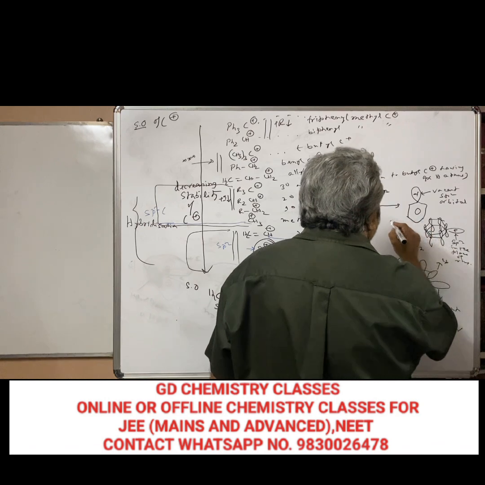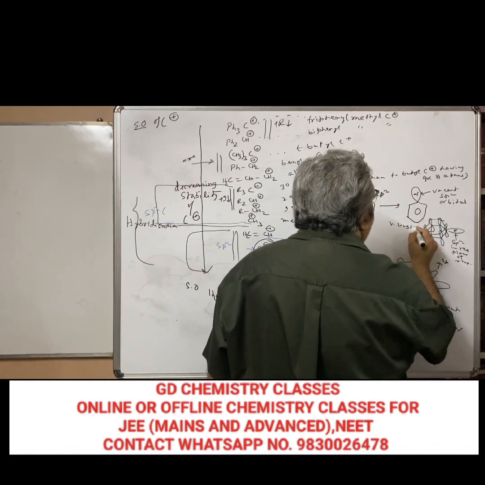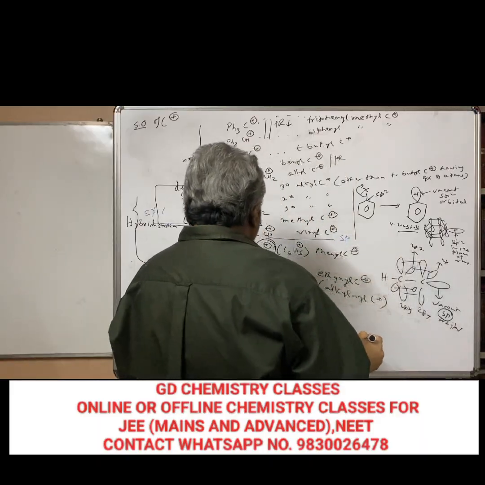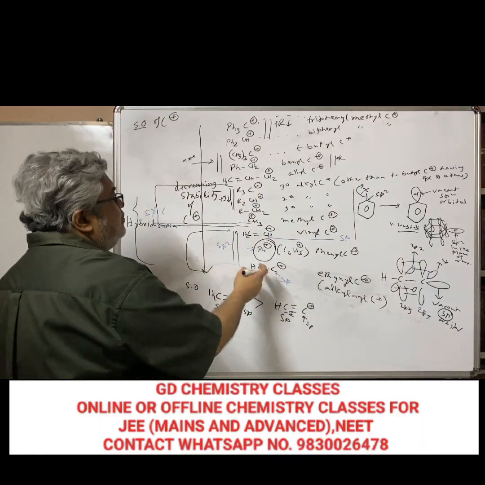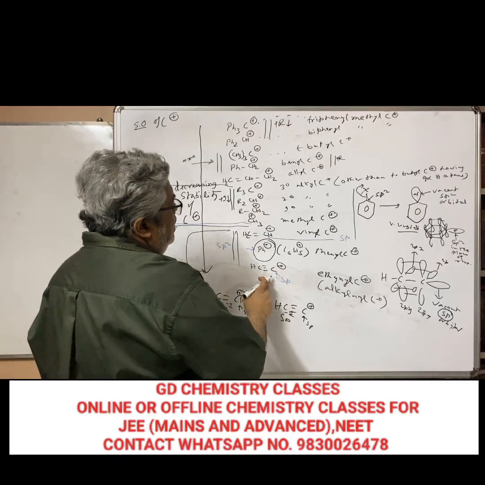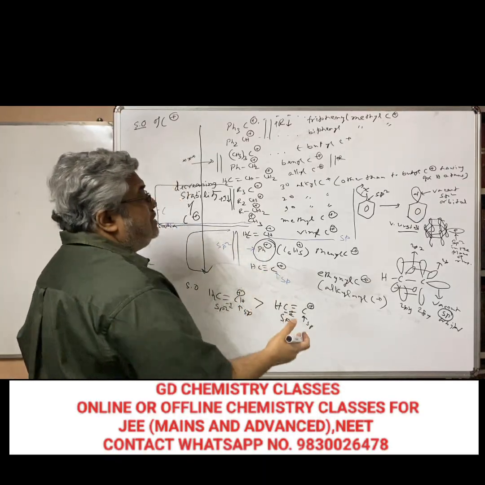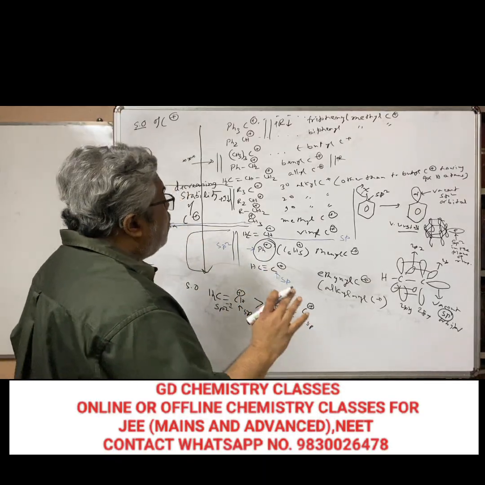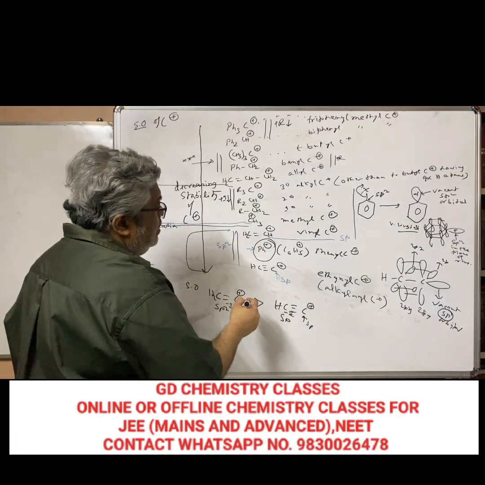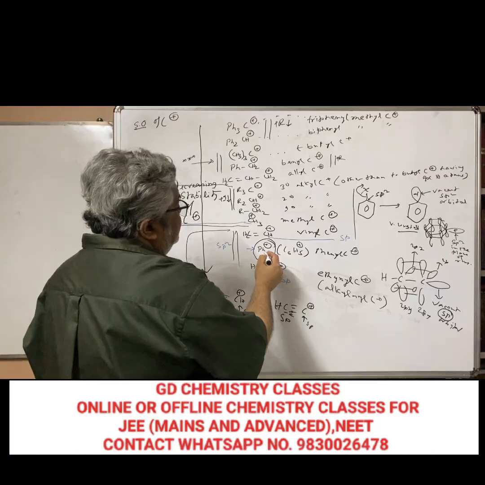So this is very unstable because it cannot be stabilized by this. But from the hydride affinity we came to know it is more stable than this sp. Actually if you consider the hybridization factor only, then phenyl should be somewhere here, but this is the actual order.